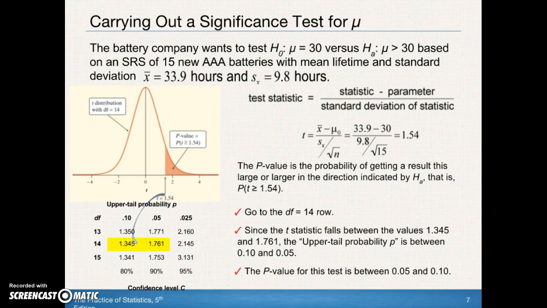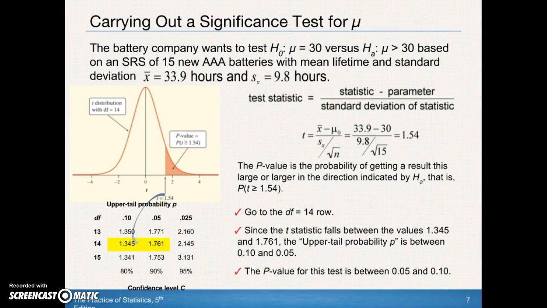The last thing that you would do in this particular problem would be to interpret your results. Is there evidence or not? Because you have a p-value that's between 5 and 10%, if you said that your significance level, your alpha value, was 5%, then you would say, no, I have to fail to reject the null because my p-value is larger than 5%.